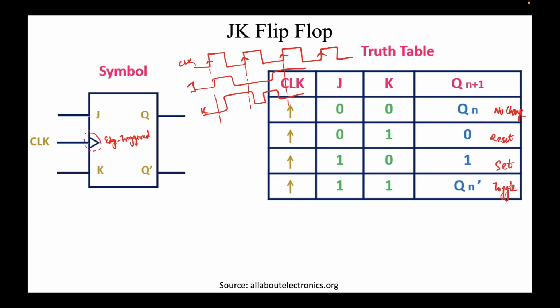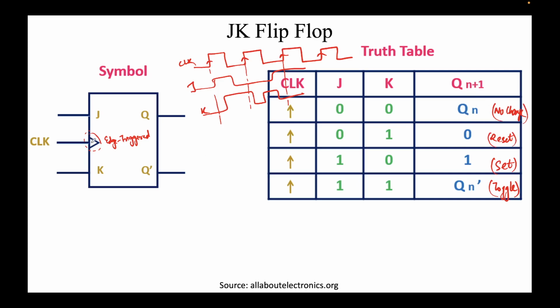This state was forbidden for the SR latch, or NAND latch rather. But here if both inputs are 1, the new output will be the inversion of the previous output. If the previous output was 0, the new output would be 1. If the previous output was 1, the new output would be 0, hence this is also known as the toggle state. This is set, this is reset, and this is no change, because the next state will be the same as the previous state.